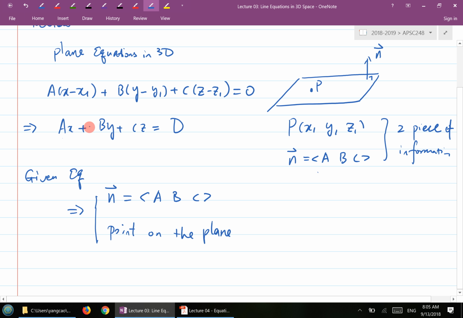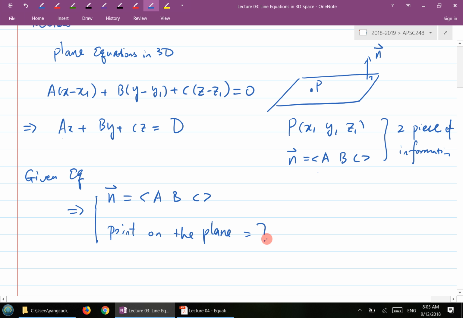Either way is fine. Or you can go even further, just substitute x equal to 1, y equal to 1, and find z. So there are an infinite number of ways here. You need to be able to obtain an arbitrary point on the plane, because sometimes you need that information to construct an additional vector.